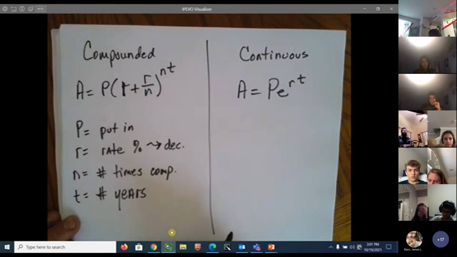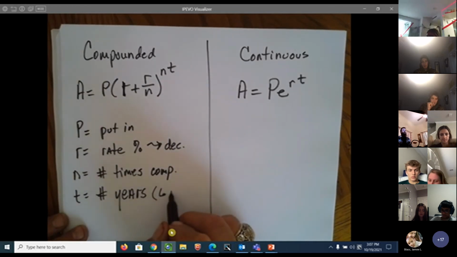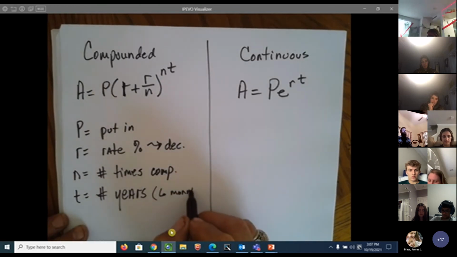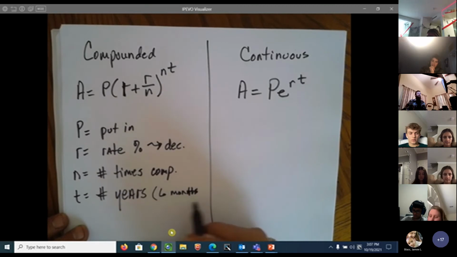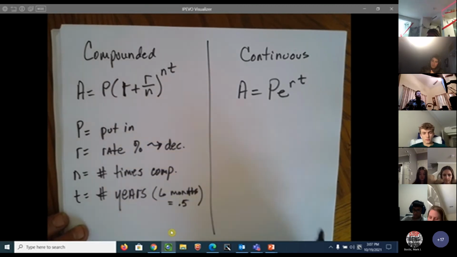What if I tell you 6 months? Would you put in 6? What if you put in 0.5? So right here, put a note: 6 months is equal to 0.5. To help you remember, 9 months is 0.75, and 3 months is 0.25.